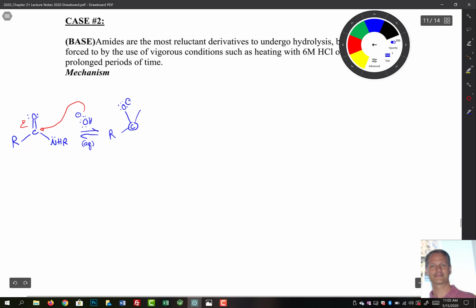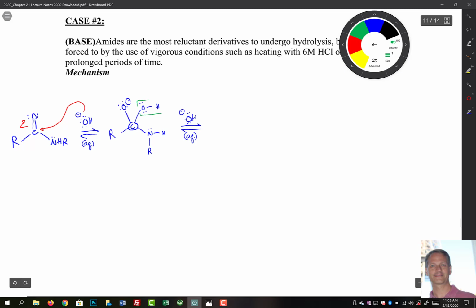Okay, then up here we're going to have an OH. And down here we're going to have a nitrogen, and then I'm going to write this out as an NH like this. So we're coming over here to our next step, and we're still in a solution of aqueous hydroxide. So the question is, what happens next?